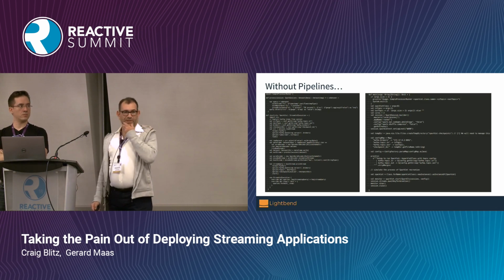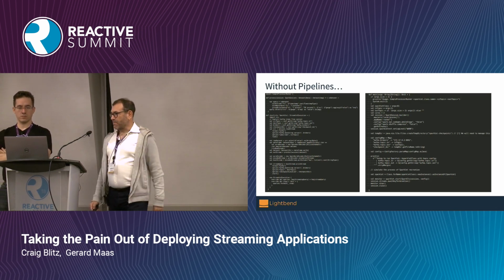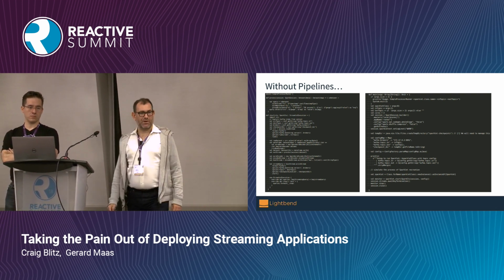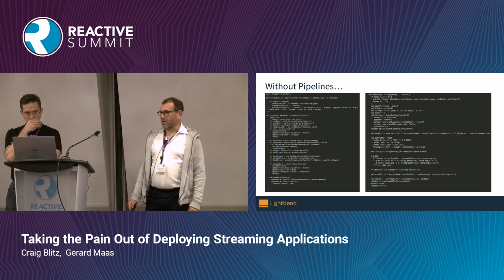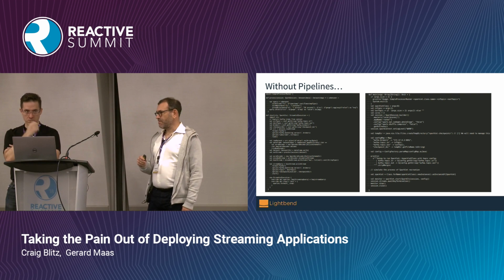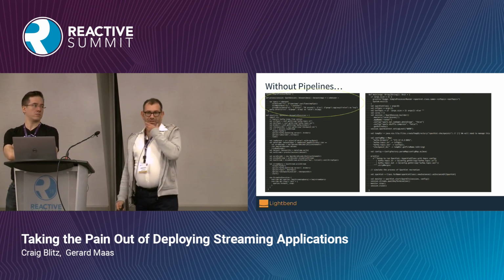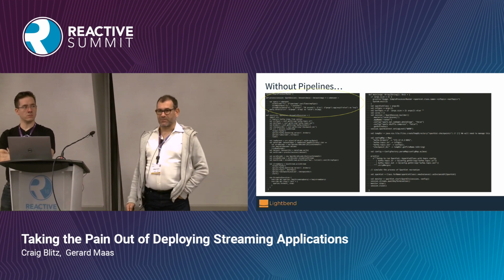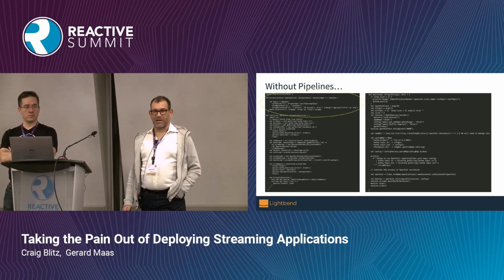So this is what the code looks like. Without pipelines, this is some very simple processing code in Spark. And I say simple, although it's like 2 pages here. The interesting code is what's circled in the upper left there. This is what's processing your business logic.